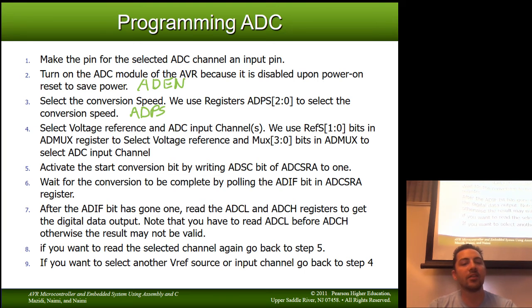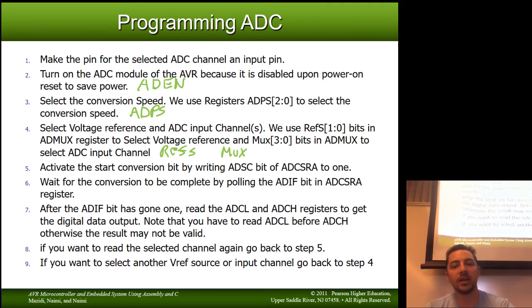You have to set the voltage reference. That's the REFS field. You have to select the input channel. That's the MUX field. C0 is input 0. C5 is input 5. So if you want to read in from input 5, you put 5 in the MUX register.